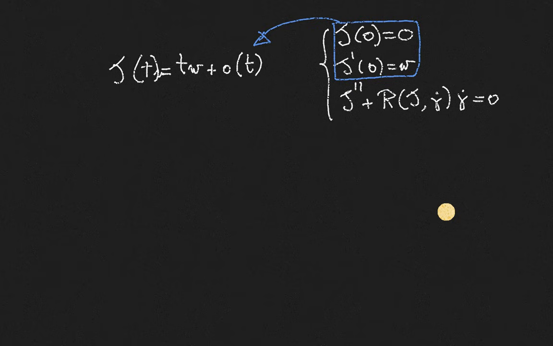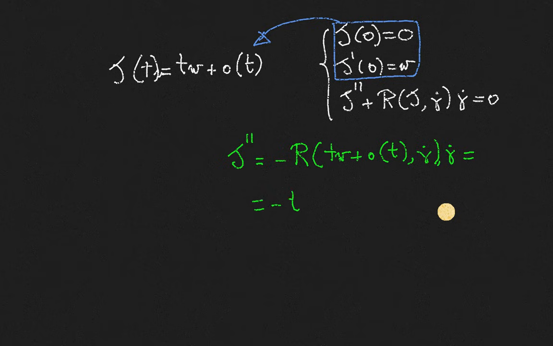Quite obviously, remember that R is linear in J, so this is minus R of W plus little o of t gamma dot, which is equal to what?